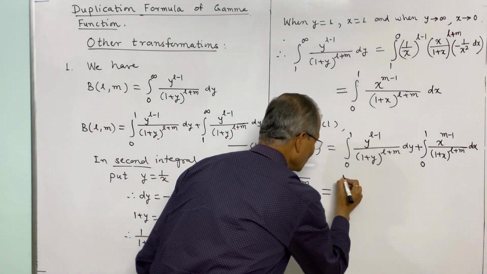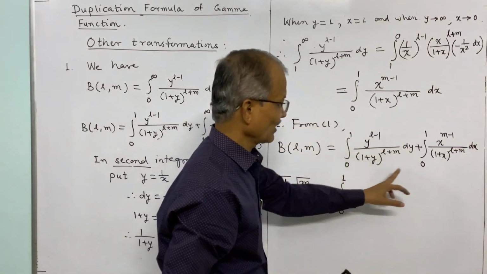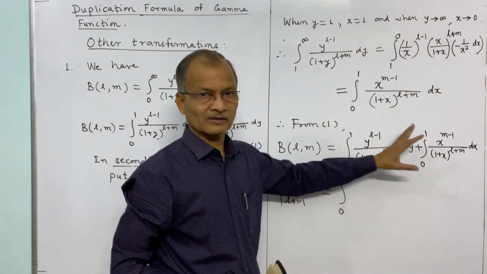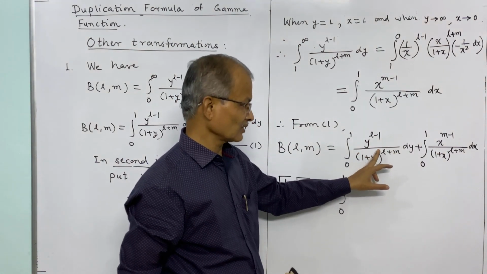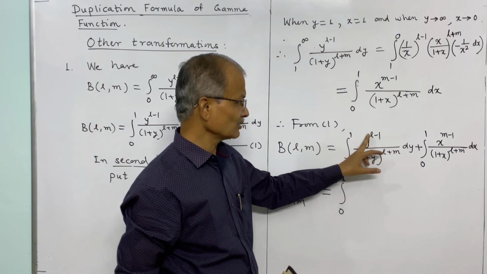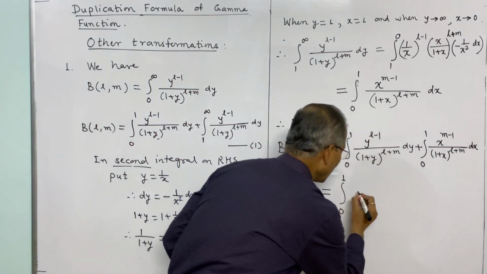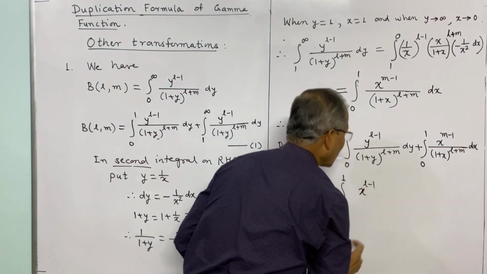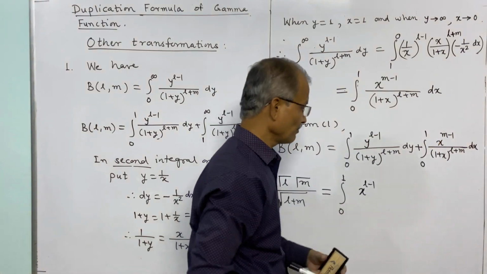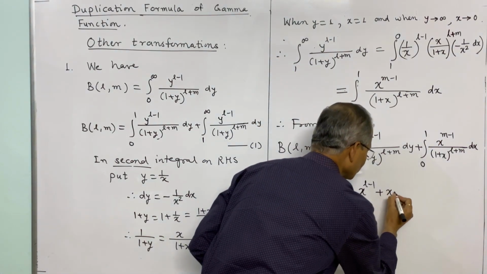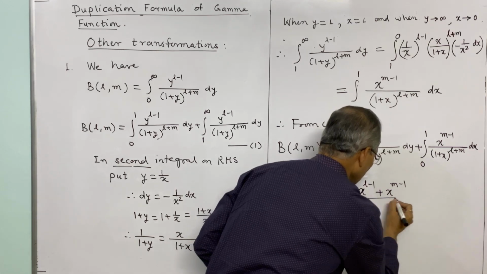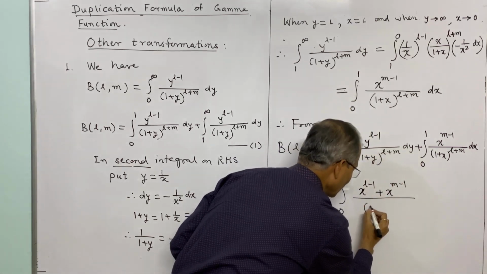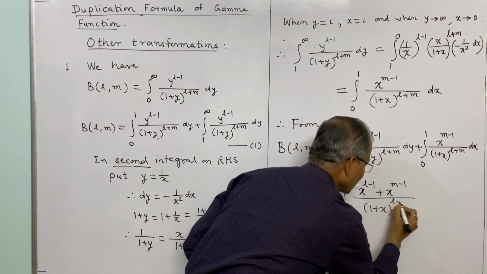Now we can add these two integrals at the same step, because the integral limits are the same. This may be written in x, and this will be x to the power L minus 1 plus x to the power m minus 1, and the denominator is common, that is 1 plus x to the power L plus m.